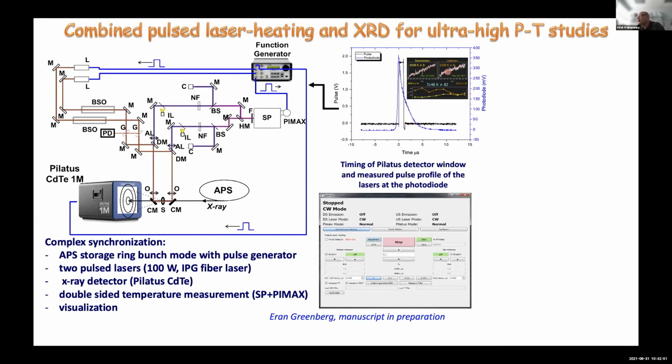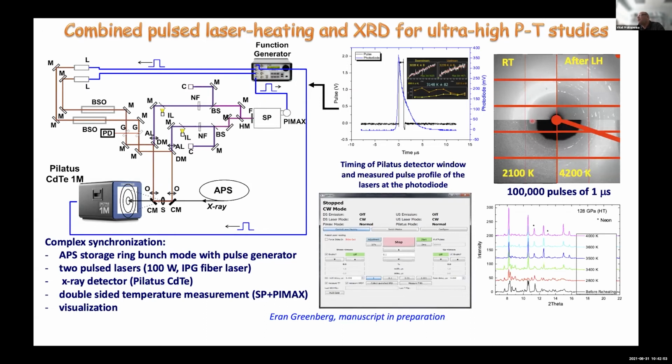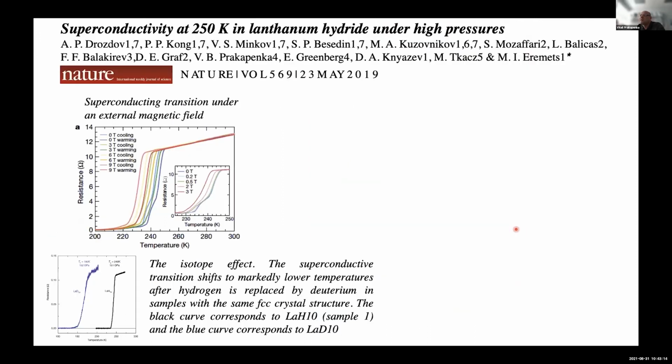We can easily go to high temperature, and it's useful because we can reach temperatures that we cannot with normal continuous wave heating. For this particular sample in continuous mode, we cannot go to even 1000 degrees, but with the pulse heating, we can go to 4000, and you can see a new phase was identified, and the group is working right now on this manuscript.